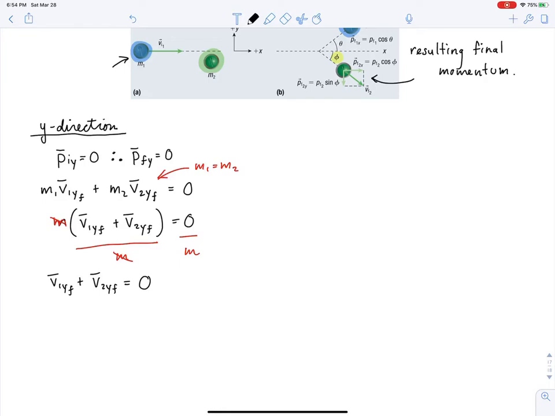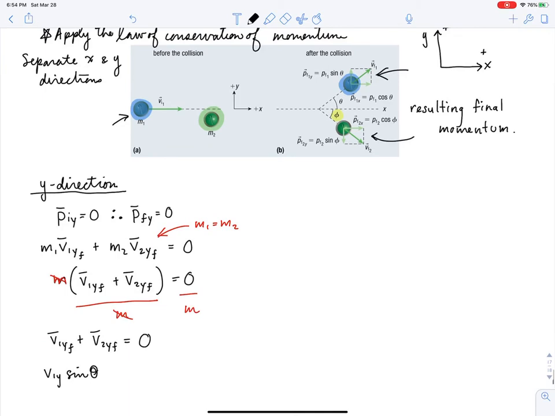Now, the final velocity in the y direction can be written as a component of the initial velocity, or the original velocity. So that would be v1 sine theta, and that's for mass number 1. For mass number 2, its velocity is in the opposite direction.